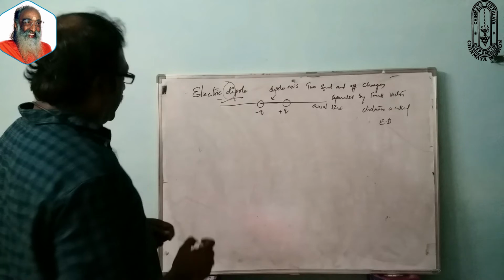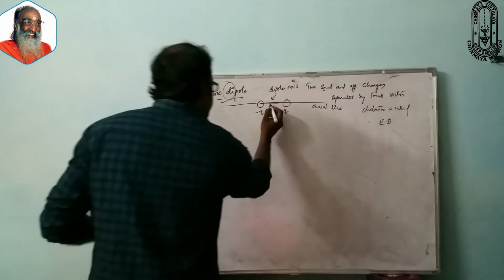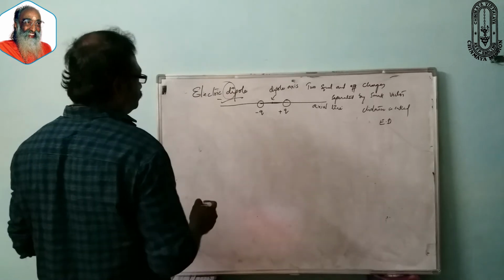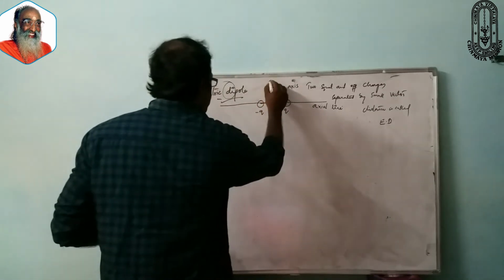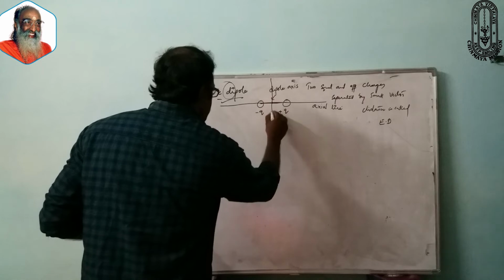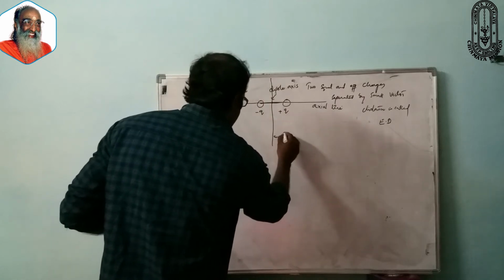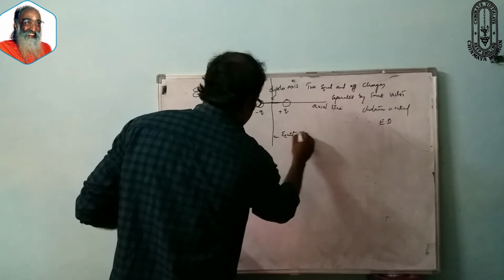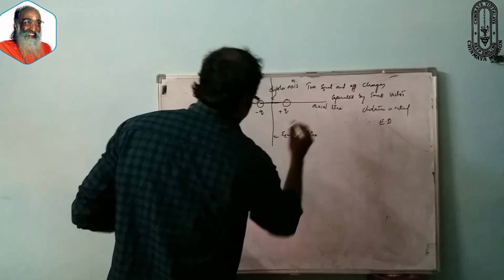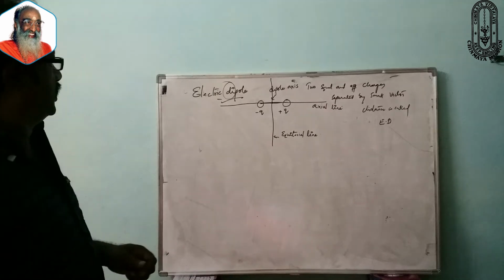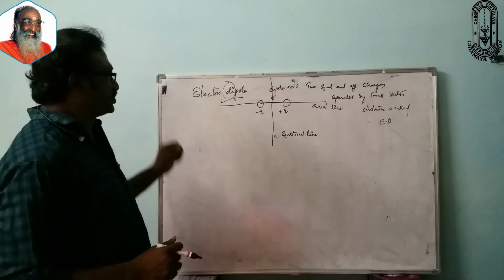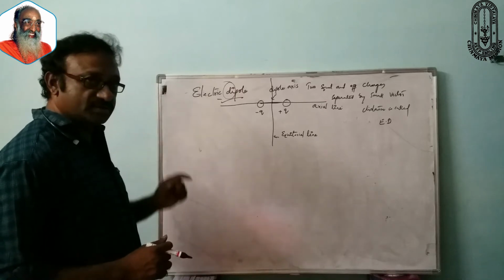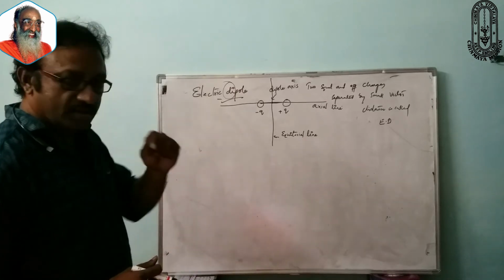And the line passing through the center of the dipole axis, bisecting and perpendicular to it, we will be calling the equatorial line. So now electric dipole we understood, and also the dipole axis, axial line and equatorial line.